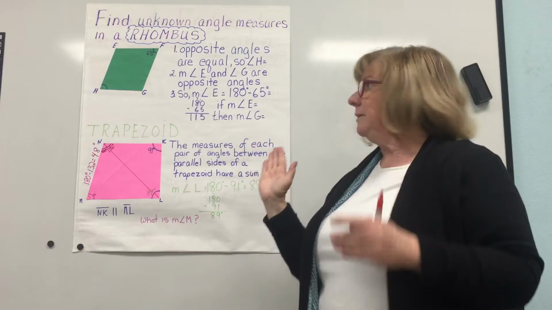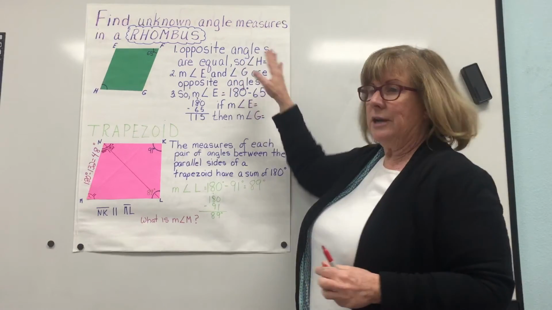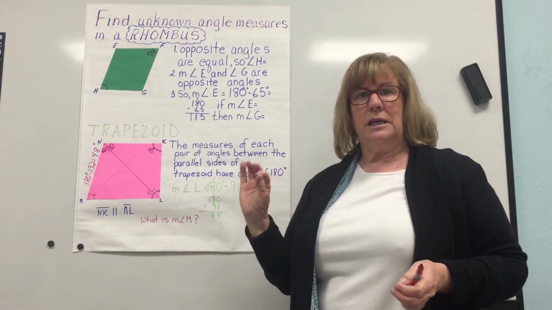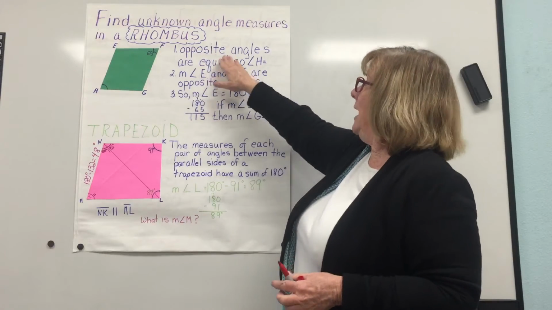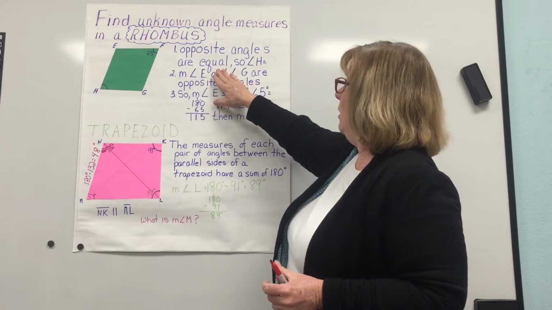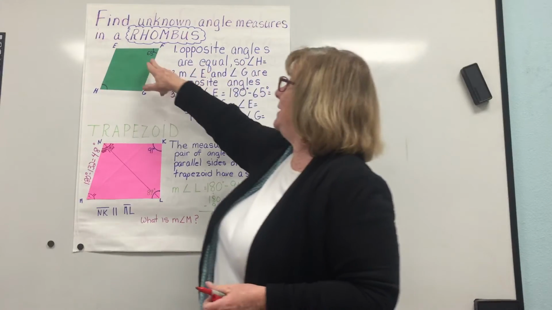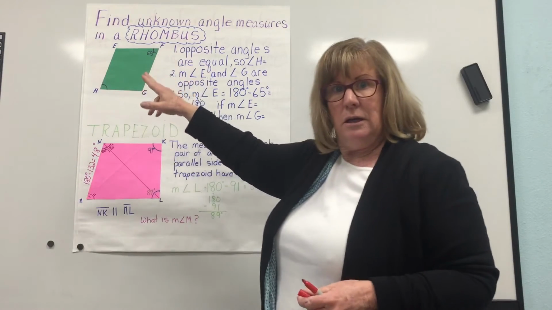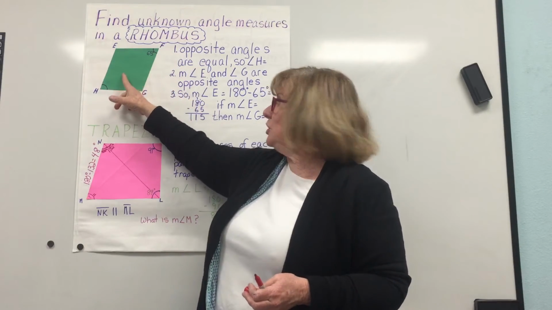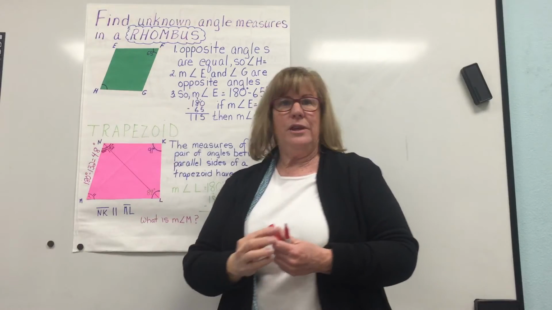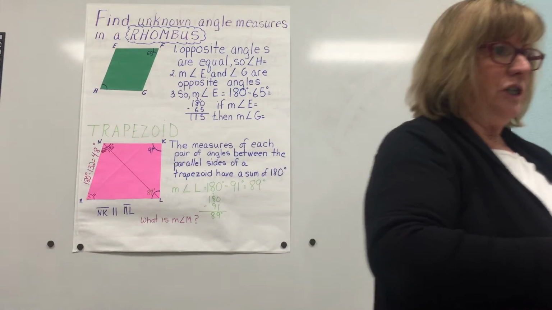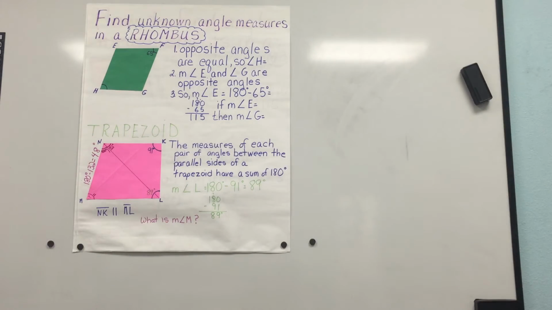So it's tilted, okay? When you're calculating angles in a rhombus, opposite angles are equal. So if I know that angle F is 65 degrees, what do you think my angle H, which is the opposite angle, is going to measure?